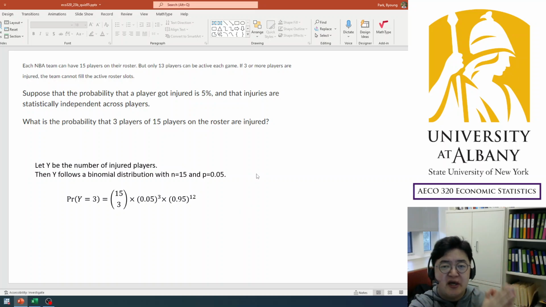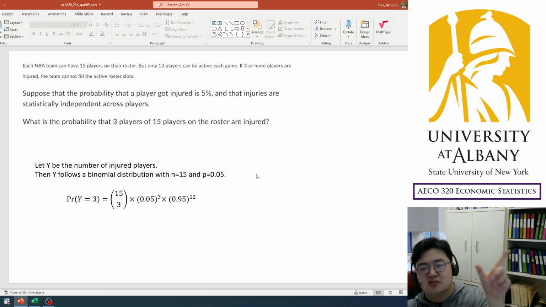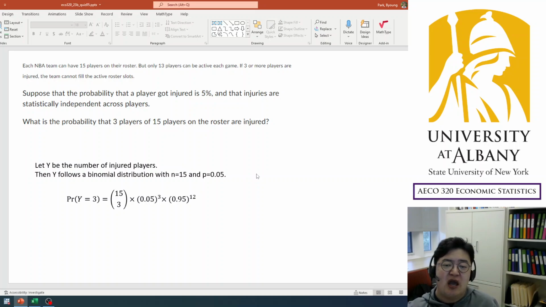Each player is an experiment, because a player can have 2 outcomes: injured or okay. And there are 15 players, so there are 15 experiments. And for each experiment, the probability of injury is 5%.